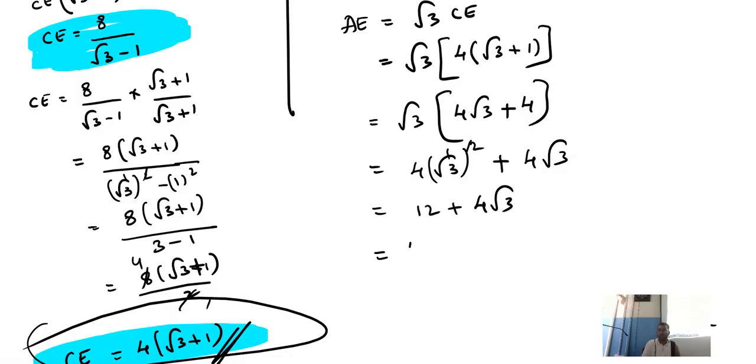Now 4 we took common. So 4 into 3 plus root 3 meters. This is the value of AE. Great, we won the war. I hope you have understood this problem.